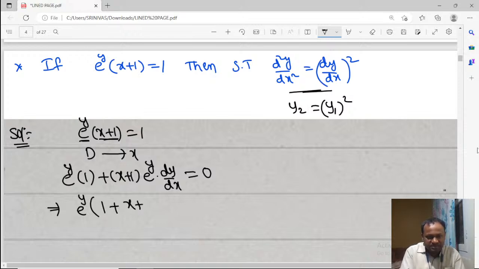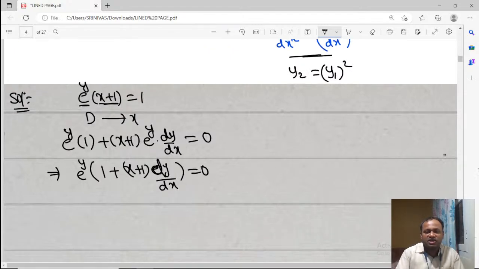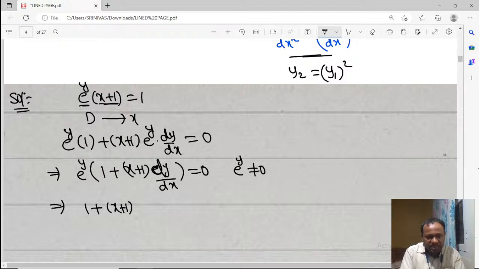So 1 plus x plus 1 into dy by dx is equal to how much? 0. But we know one condition. What is that? e power y is always not equal to 0. Then the remaining will be equal to 0. That is, 1 plus x plus 1 into dy by dx is equal to 0.